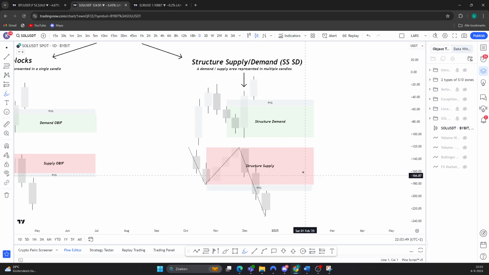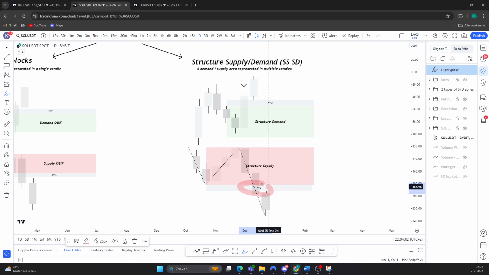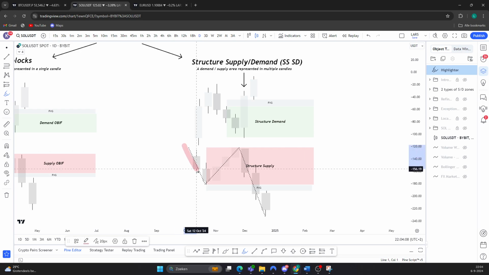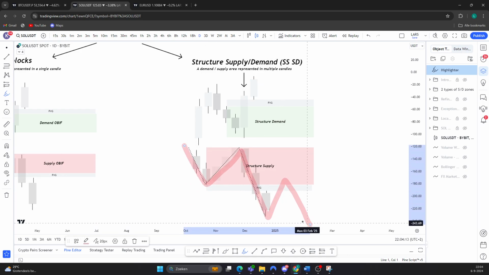That fair value gap is always included. That inefficiency is always included. So it always needs to have that low not connecting with that candle from the expansion away, okay? You need that gap. You need that candle body, just the candle body, okay? And that's why it's called structure supply, because we can just use it drawing our structure, right? Where if we come back into this area, we can expect a lower high for a lower low.